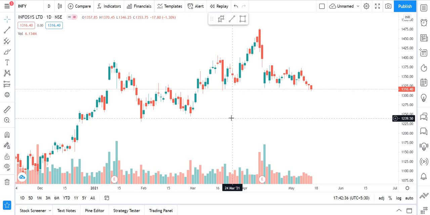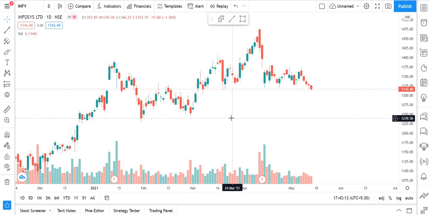Either use them for confirmation, or if you are using this indicator singularly, have stop losses of say 1%, 2%, and strictly follow them, because there is no strategy or indicator in this world which can be right 100 out of 100 times. There will be a percentage probability. Suppose for this indicator it is 80%, so it is quite a good indicator, because it gives us 80% chances of wins.